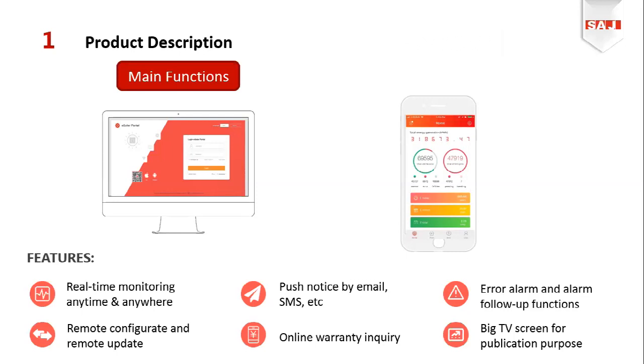But the SAJ management account has the function to remotely update the firmware of the inverter if needed. Also, with the application, we have the online warranty inquiry function. You can check the warranty period of your inverter on the portal, and also a big TV screen for publication purposes.